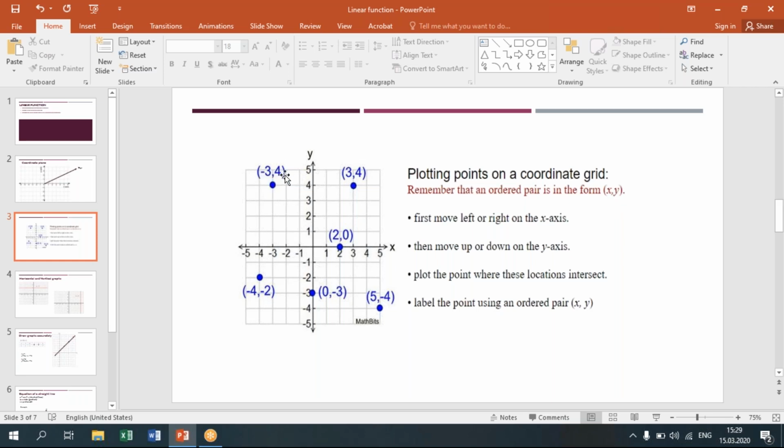Like here, -3 and 4: -3 should be on x-axis, and 4 should be on y-axis. 3 and 4: 3 on x-axis, and 4, the second digit, on y-axis. About 5 and -4: 5 on x-axis because it's the first digit, -4 the second digit should be on y-axis.